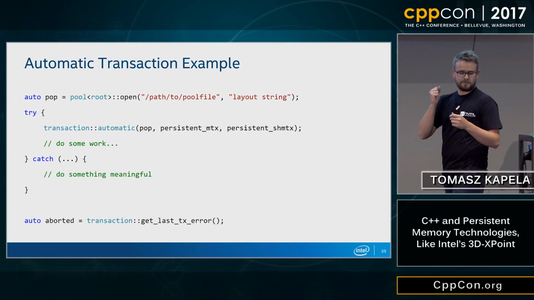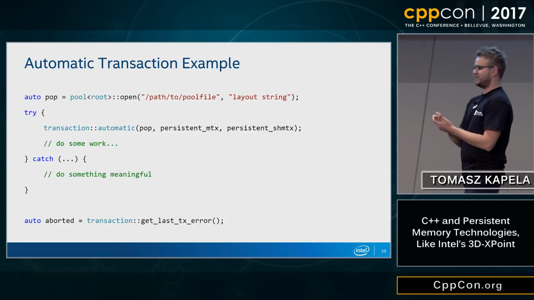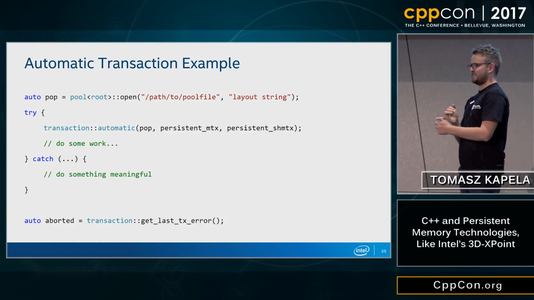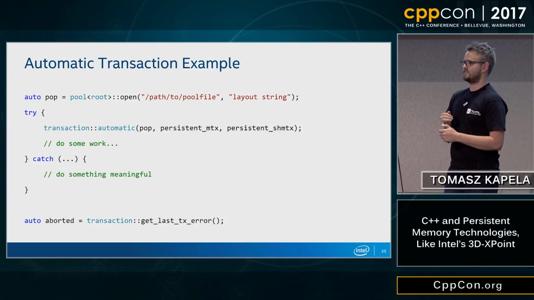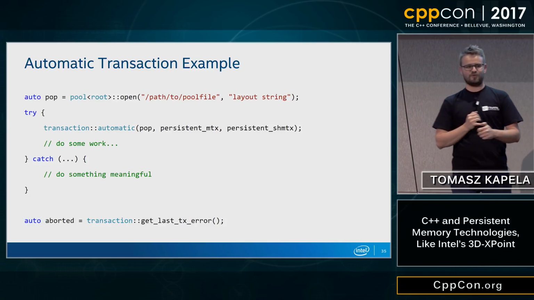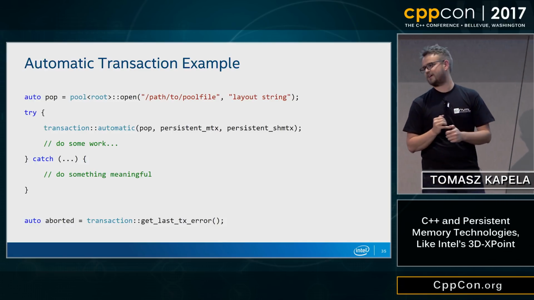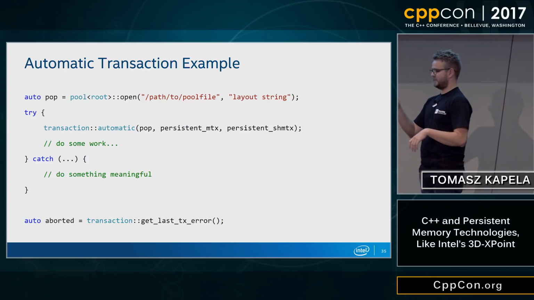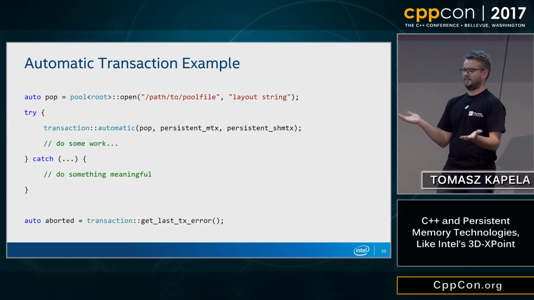Automatic transactions, they are the cool kids, because C++17 fixed the std::uncaught_exception by adding an S. It's now std::uncaught_exceptions. And thanks to that, you know if you're leaving scope with an active exception. You know whether it's stack unwinding or not.